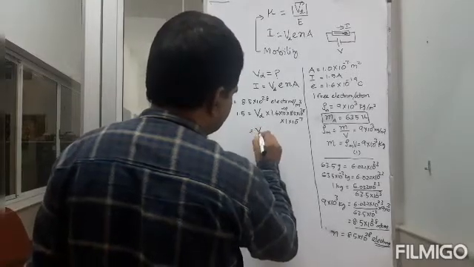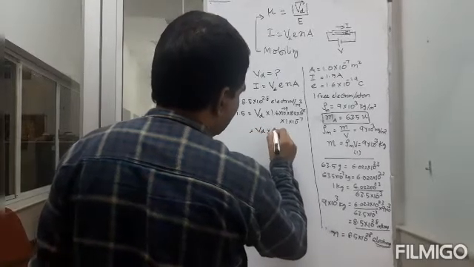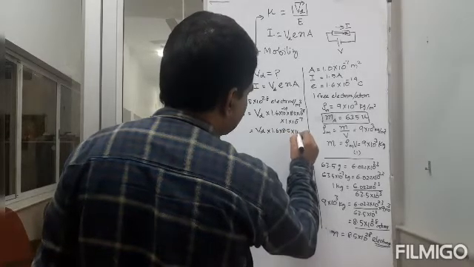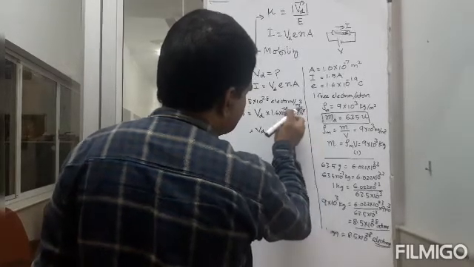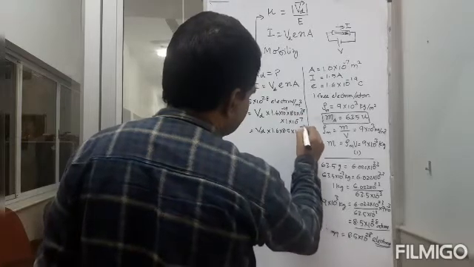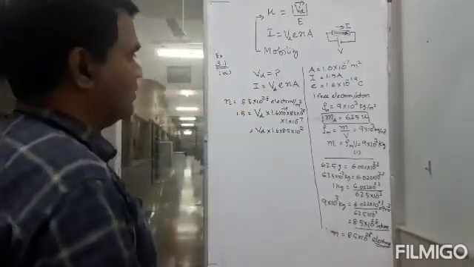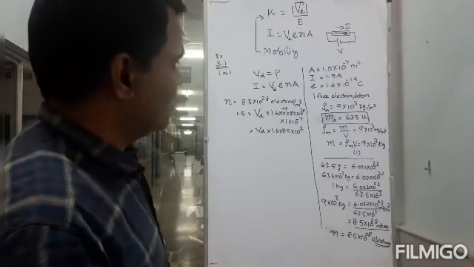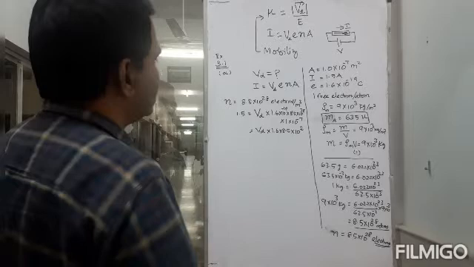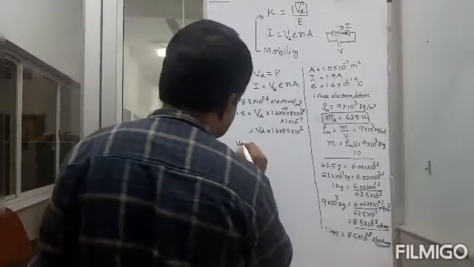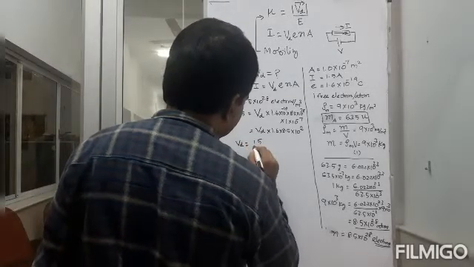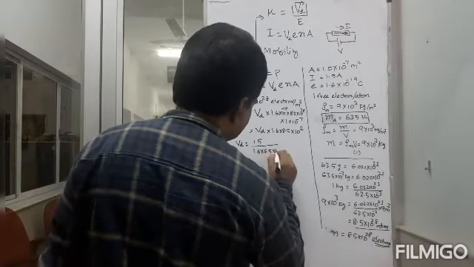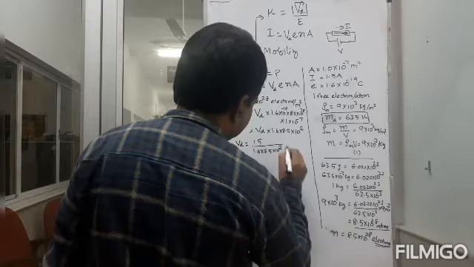So Vd is equal to 1.5 by 1.6 into 8.5 into 10 power 2.